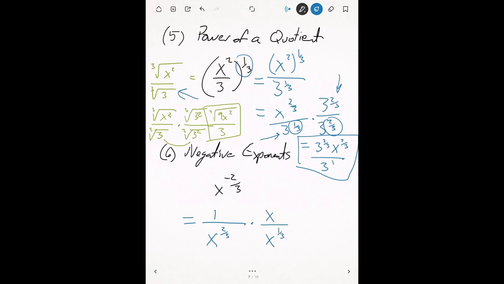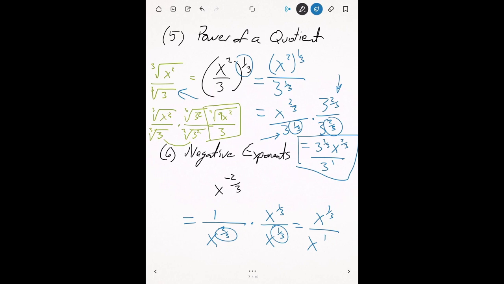So if I did this to the top and the bottom, on the numerator, obviously, I would just get x to the 1/3 power. But in the denominator, I would get x to the, let's see, 2/3 plus 1/3 is 3/3. But wait a minute, the 3/3 power, that's just 1. So there we go. I have x to the 1/3 power over x to the first.